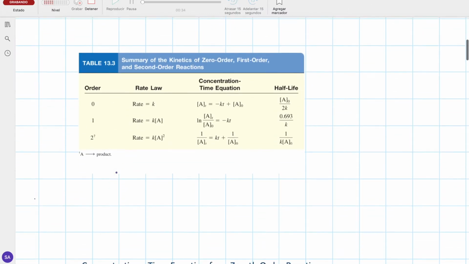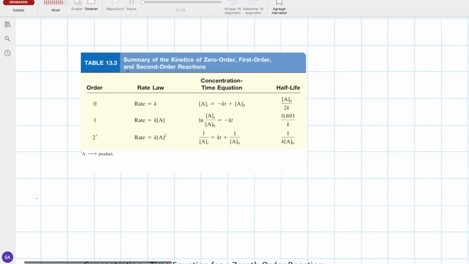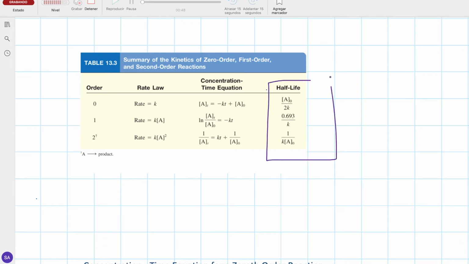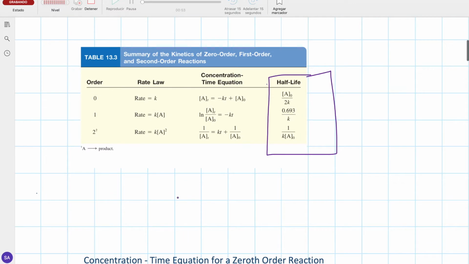So right here we have this table that will help us remember our concentration-time equations for our different orders. We also have the half-life equations, which are the ones that we're trying to figure out. So let's start with the zero order half-life.